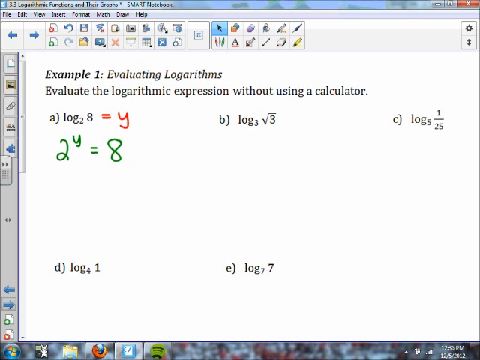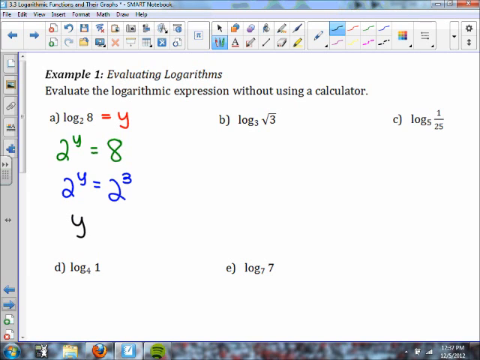Now, can I make 8 into anything with a base of 2? 2 to the third power, right? So 2 to the y will equal 2 to the third. That means y will equal 3, correct?